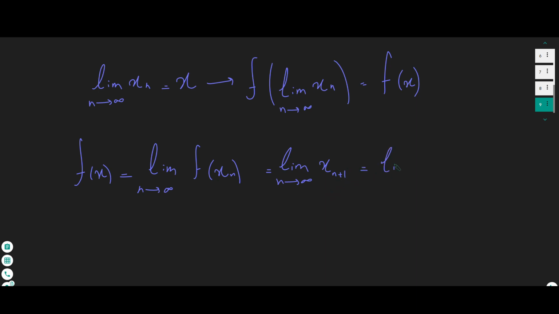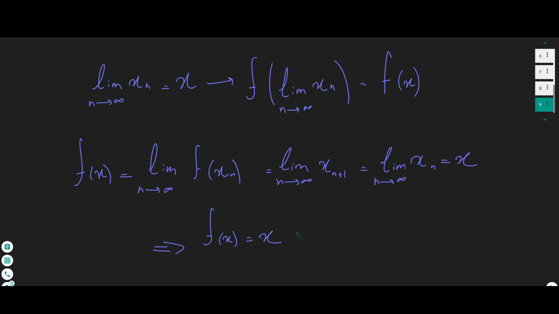So this is the same thing as the limit as n goes to infinity of x sub n, which, as we saw earlier, is just x. So eventually we had f of x, we have x here, they're all equal. So f of x equals x. Therefore, the fixed point exists.